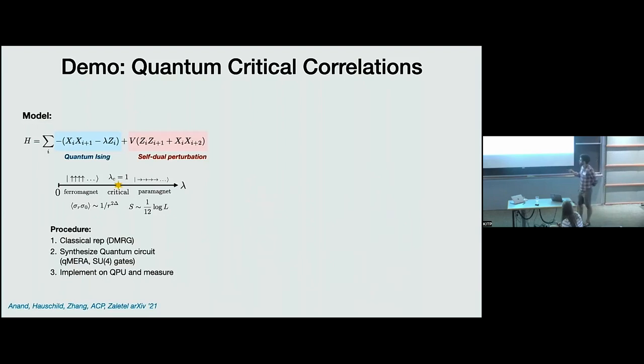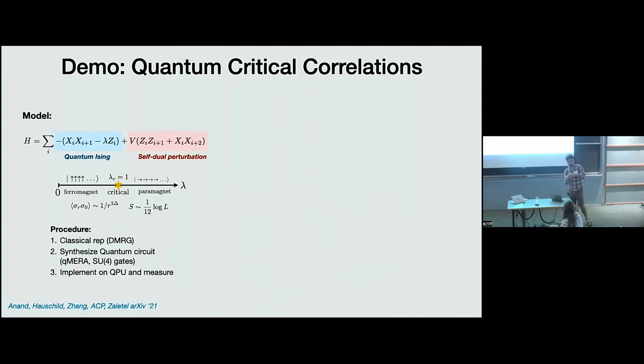As a warm-up, I'll cheat a little bit and say, suppose I know the tensors I want to synthesize to realize this state. So let me find, using my favorite DMRG algorithm, some classical representation of this state. Then I'm going to choose a quantum circuit architecture and try to synthesize the gate parameters in that circuit to hit this critical state.